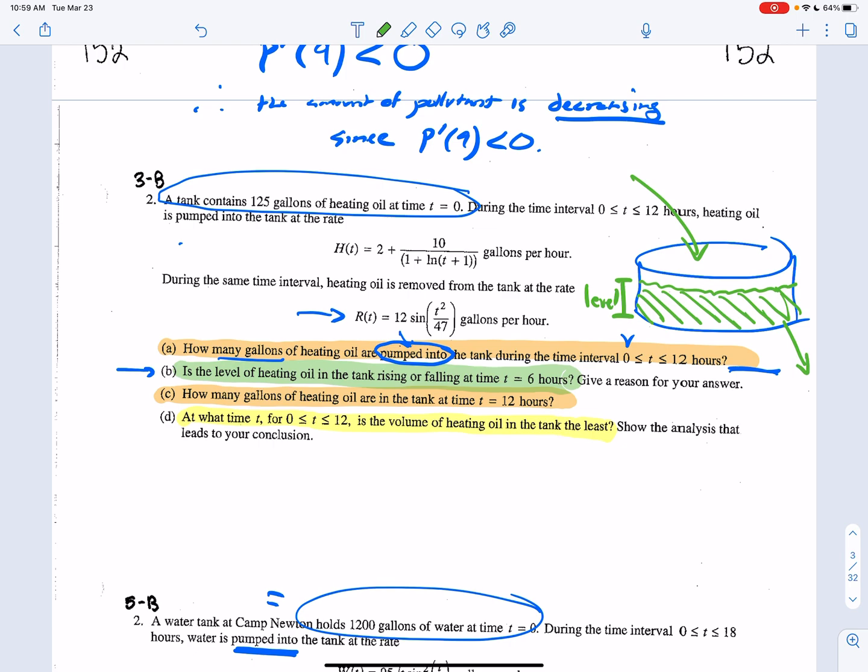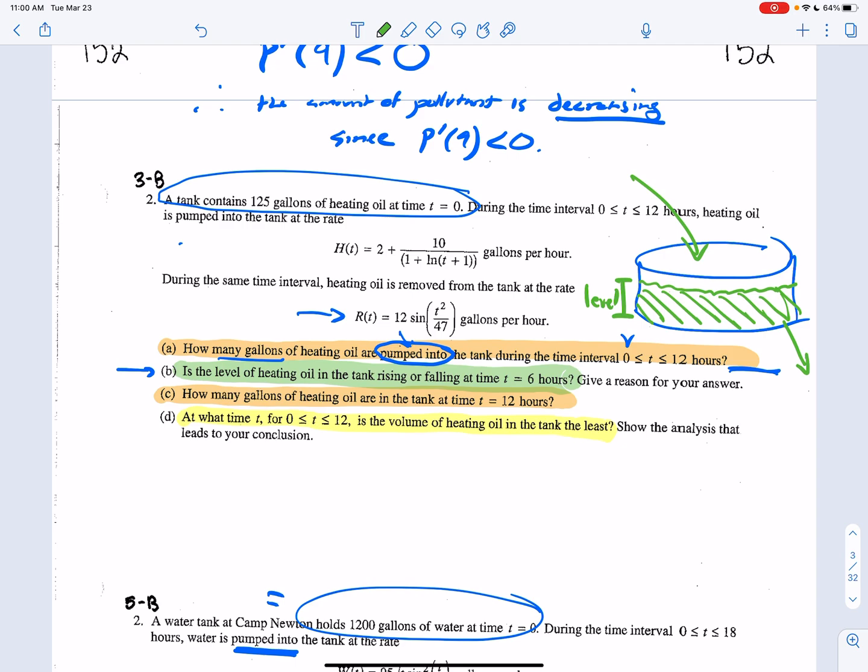If the water level is going up, you have more water pouring into the bathtub than leaving down the drain. If your water level is going downwards, that means there's more water leaving and less water entering the bathtub or tank, whatever it is.